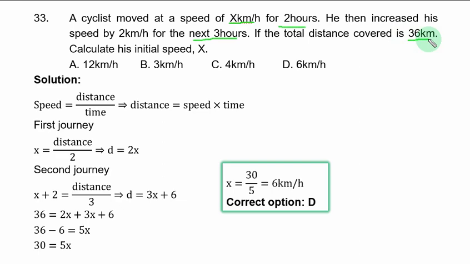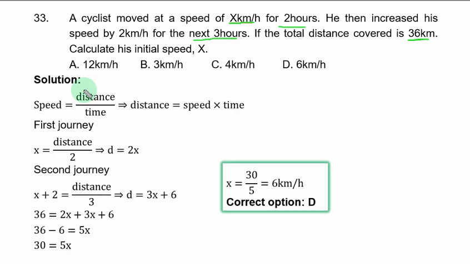Okay, so from here we have two journeys. The first one, s kilometers per hour for 2 hours. Then he increased his speed by 2 kilometers per hour for the next 3 hours. Since the total distance covered is this, we have to get the distance from the two journeys. If you add together, you equate it to 36 kilometers.